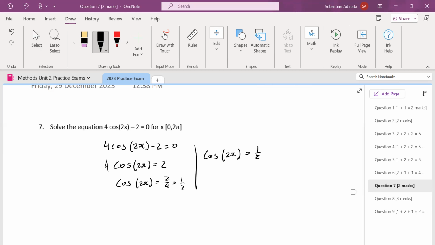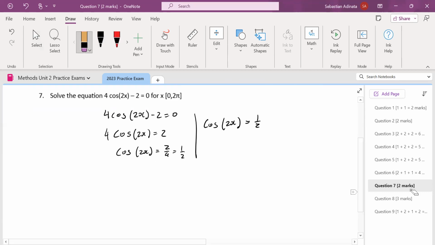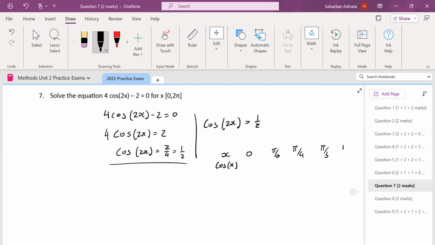Alrighty. So now, what is the reference angle? Let's quickly draw up our table. And we can ignore sign because we're doing cos at the moment. 0, pi on 6, pi on 4, pi on 3, and pi on 2. 1, 0, and it's root 3, root 2, root 1, all on 2.